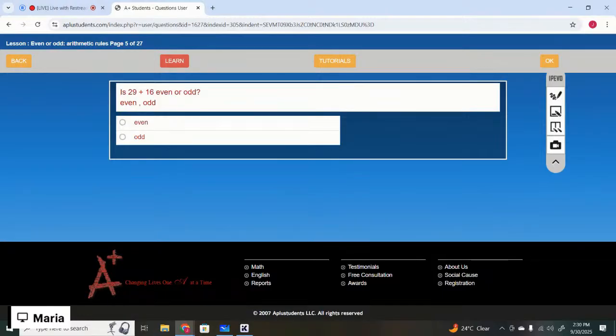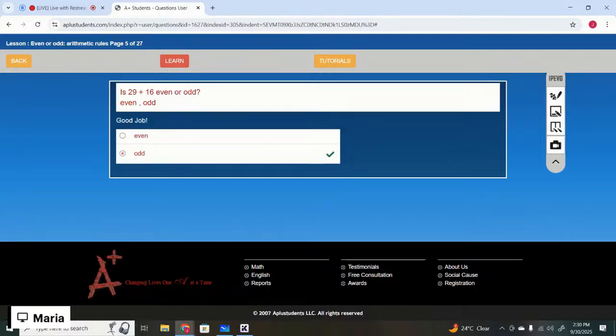So adding an odd and an even number, the answer is always odd. Option number two is the correct option. Odd it is.